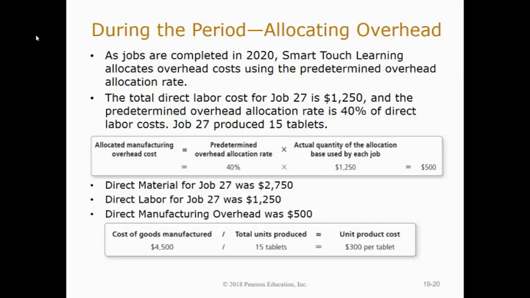And we've decided through this method we came up with to assign $500 of those indirect costs to this particular job, job 27. When you add those three together, 2,750 plus 1,250 plus 500 is 4,500. So what we're saying here is that job 27 is going to cost Smart Touch Learning $4,500 in total to produce. And since they're making 15 tablets, each tablet is going to cost $300.